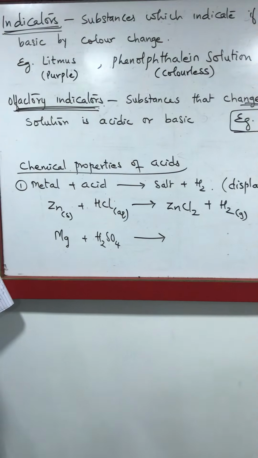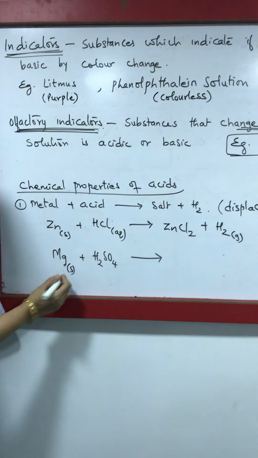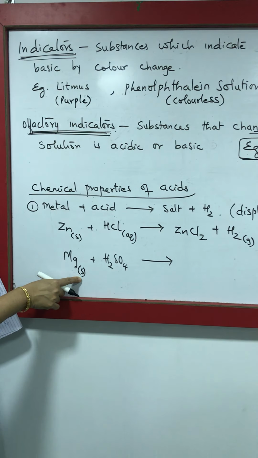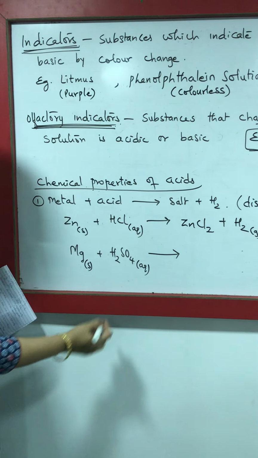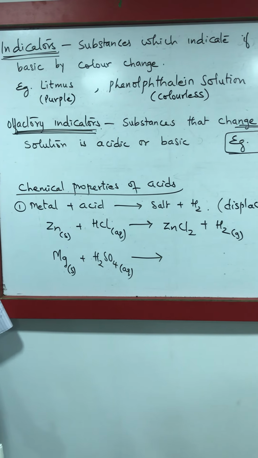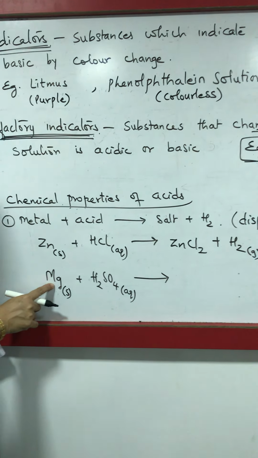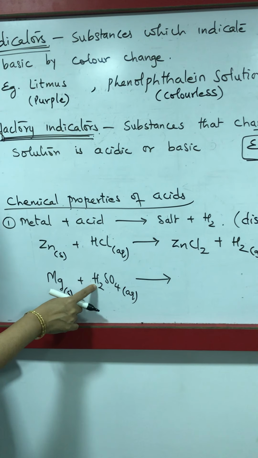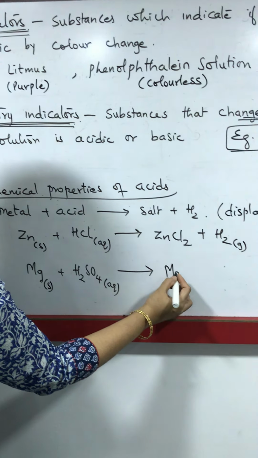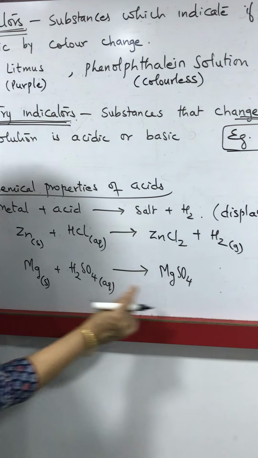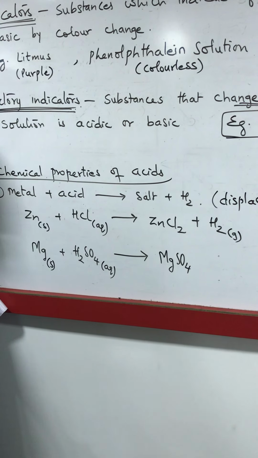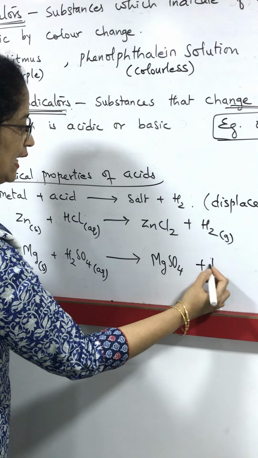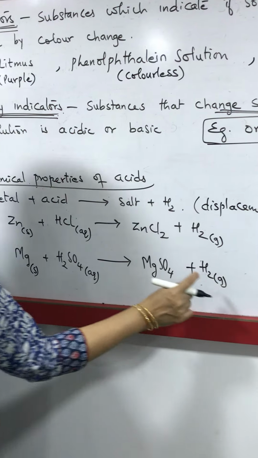hydrochloric acid. Similarly, if you put few granules of magnesium in sulfuric acid, you will also see hydrogen gas. And that is because magnesium is more reactive than hydrogen, so it will displace hydrogen from sulfuric acid, forming magnesium sulfate, and hydrogen gas is displaced.